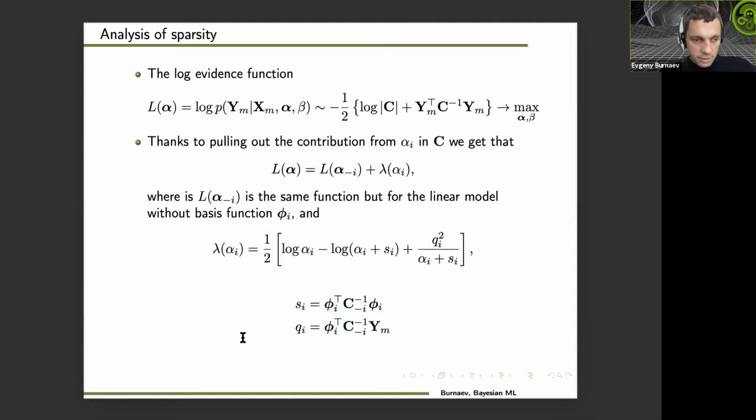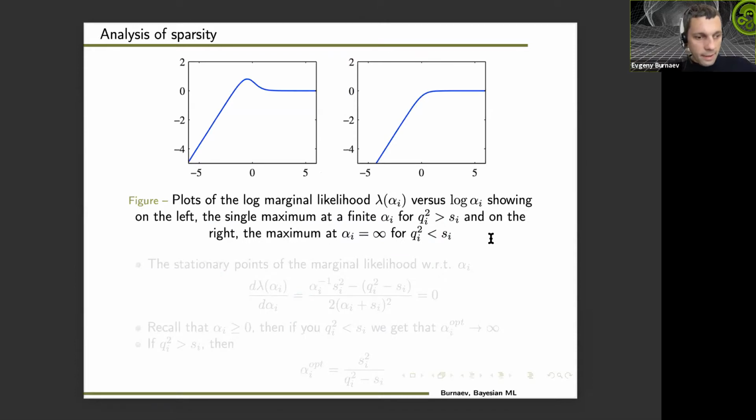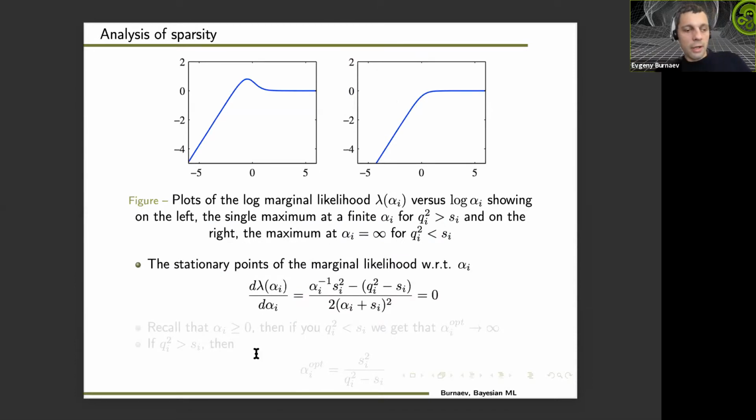Now let us see what happens when we optimize this function with respect to the coefficient alpha I. When we calculate the gradient of this term with respect to alpha I and equate this gradient to 0 to find a stationary point, we get this equation.